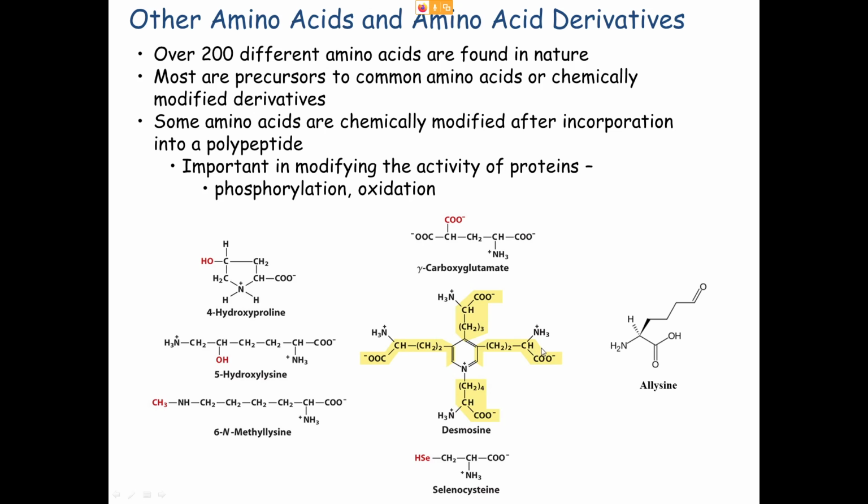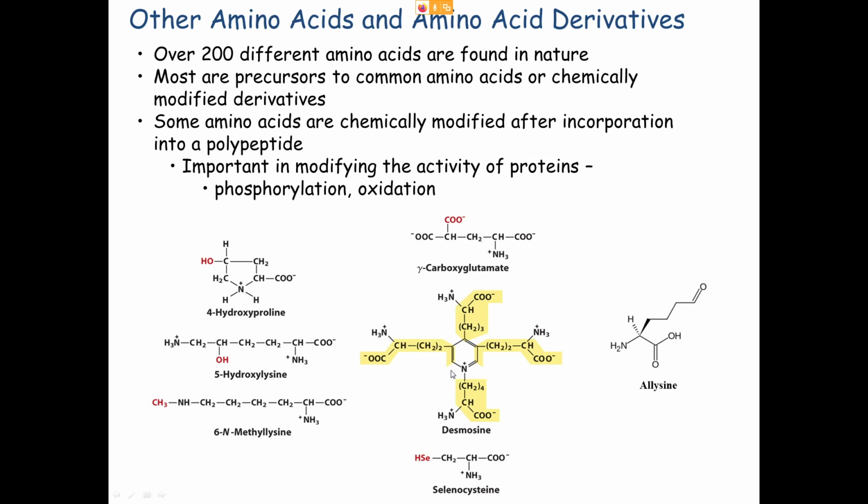The one on the right, we again have our carboxyl and amino groups, and then we have 1, 2, 3, 4, right? The amino group has been lost. The one on the left, again, here's your alpha carbon, and then 1, 2, 3, 4 carbons, the amino group's been lost. And the one at the bottom, I have all the parts, the carboxyl, amino group, alpha carbon, and then 1, 2, 3, 4, and its amino group.